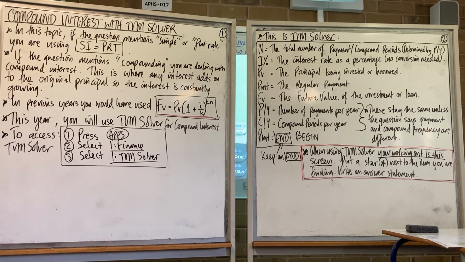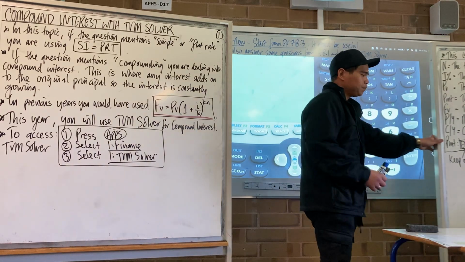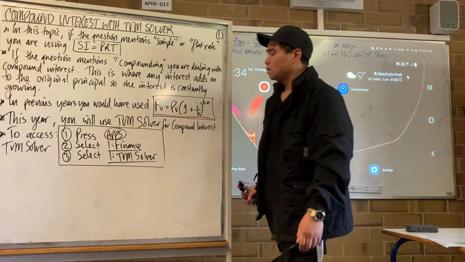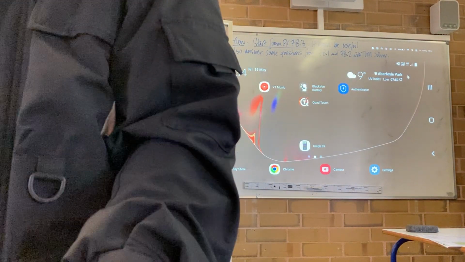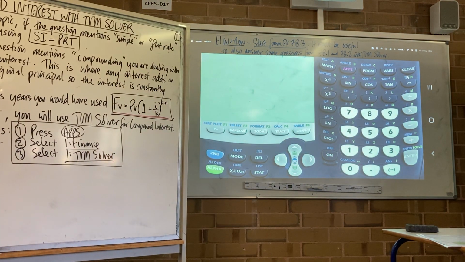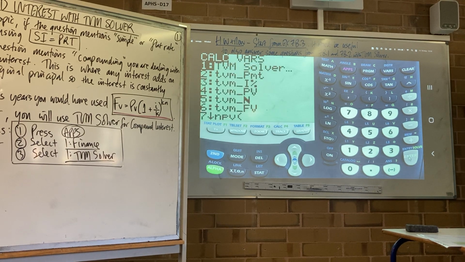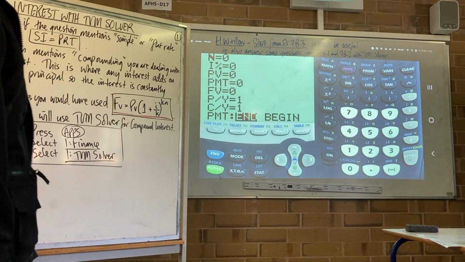So how do you access TVM solver on the calculator? You press apps, you select one finance, you select one TVM solver. The apps button is there in purple. That is TVM solver.